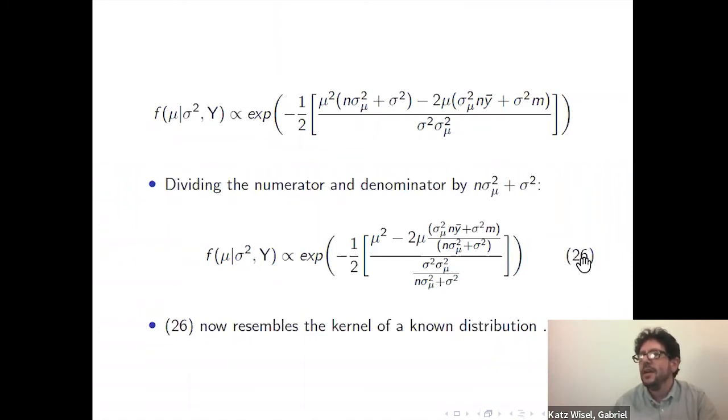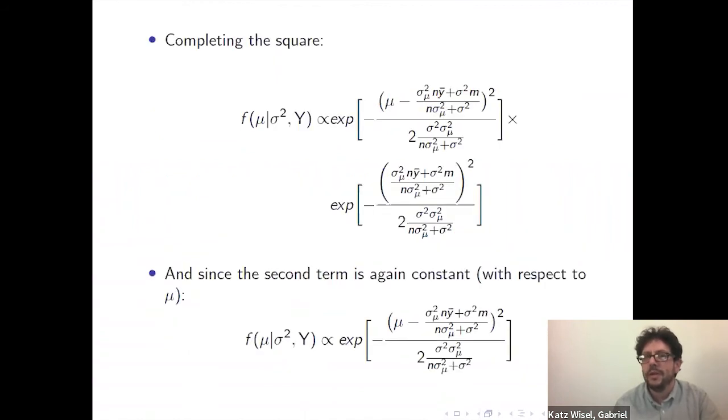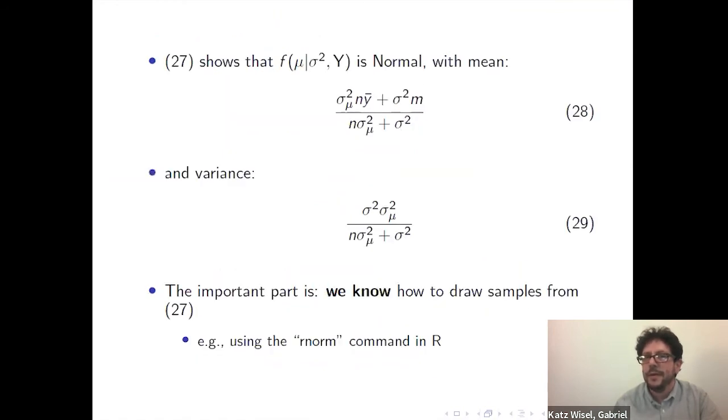Equation 26 looks like the kernel of a normal distribution with a certain mean and a certain variance, right? It's a normal with mean given in equation 28 and variance given by equation 29.